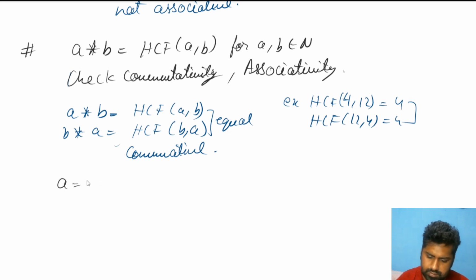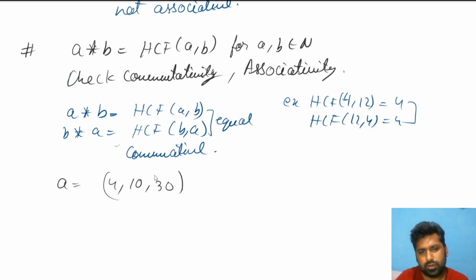Let's take 4, then let's take 10, then let's take 15. Okay, I can take 30 also. Let's take 30. Otherwise you'll think that I've taken a set of co-prime numbers which result in a final HCF of 1. So these are the numbers we are going to take, A, B, C.